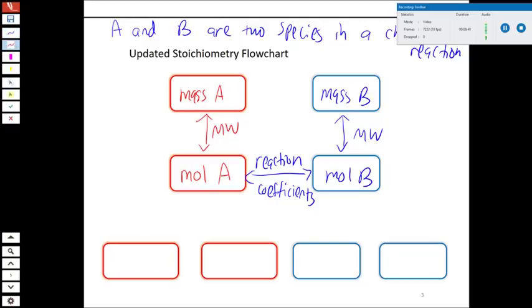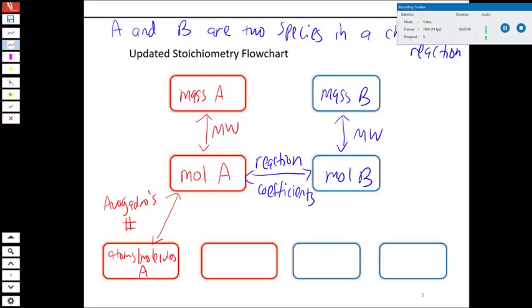We also saw at times, although it's not a very practical way, but it is something you can do on paper, that we could convert into atoms or molecules of a species using Avogadro's number. So that's that 6.02 times 10 to the 23rd.